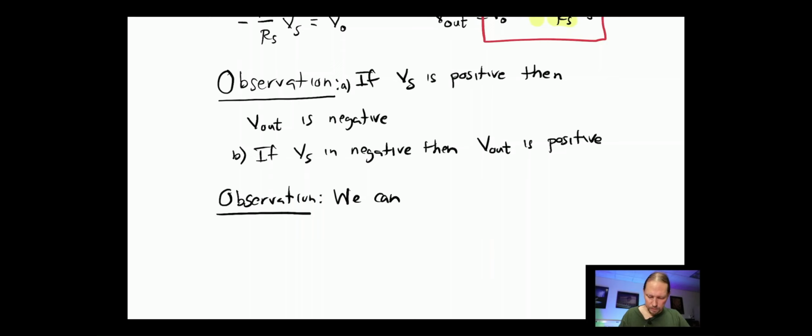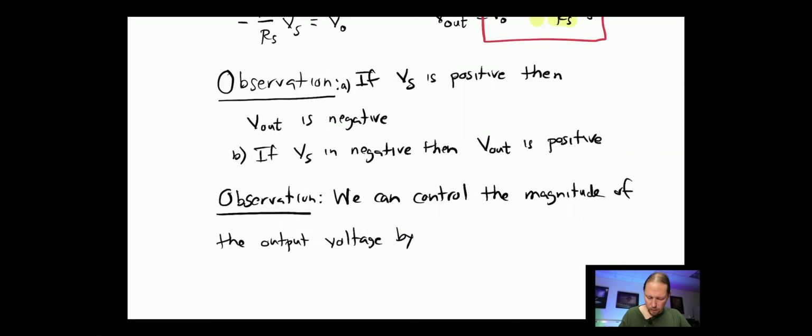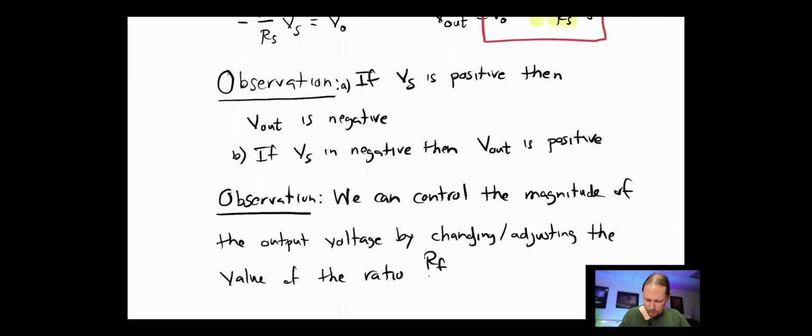So one last observation. We can control the magnitude of the output voltage by changing or adjusting the value of the ratio R F over R S, which goes by another name.